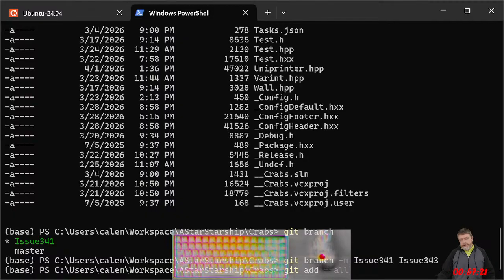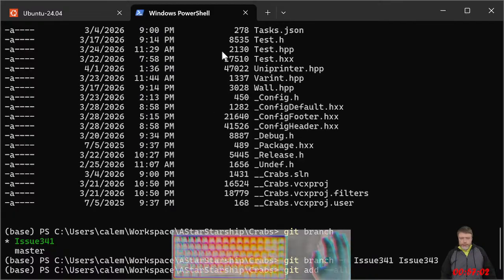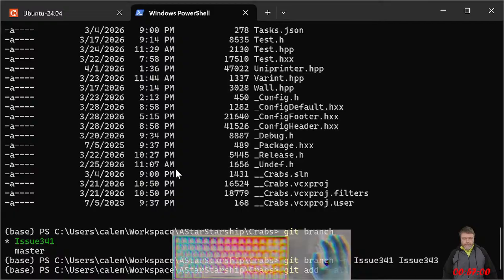You've got to manually add them, but you could just git add dash dash all, and then it'll do that. But it still won't change the casing of the readme.md file, which is kind of annoying. GitHub really is a bugaboo about that readme.md being in all caps in the root. I think it's stupid.